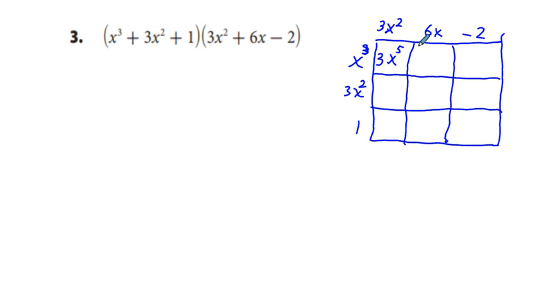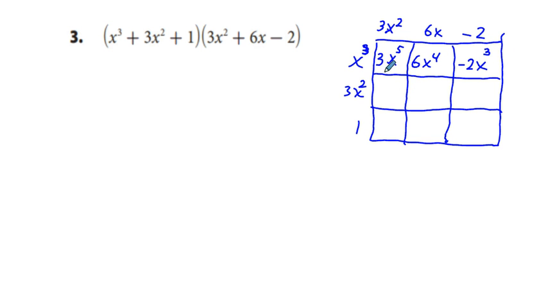Now we have to multiply the numbers together, but add the exponents in these terms. Next we have x cubed times 6x, that's going to be 6x to the 4th power. And then in the upper right we have minus 2x cubed.